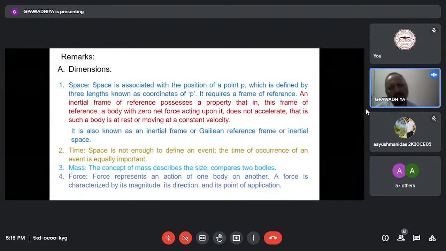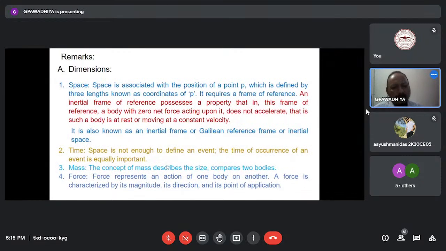So it doesn't have acceleration, but it may be moving. This is also known as an inertial frame, Galilean reference frame, or inertial space. If you Google this, you will get a lot of definitions for Galilean reference or inertial frame, inertial space.